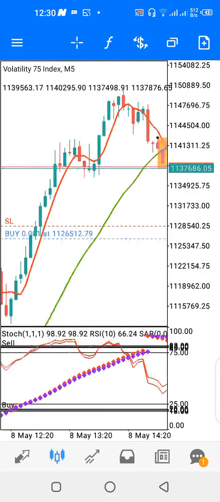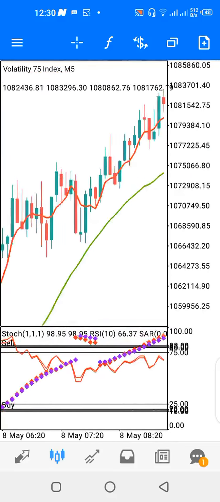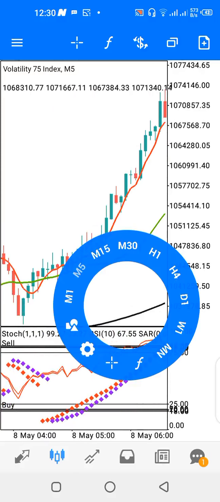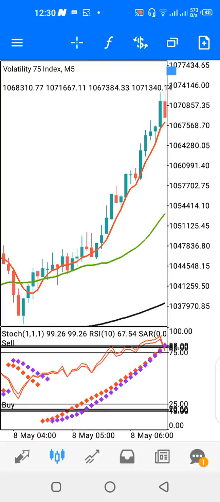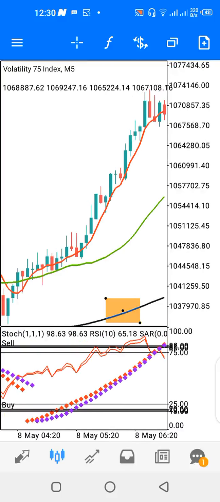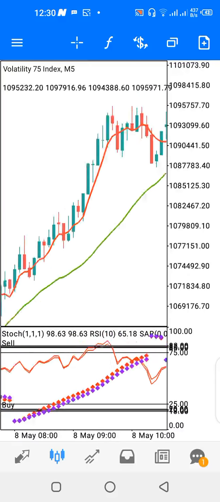This must happen when they are both above the black line. When they are both above the black line, I only look to buy.